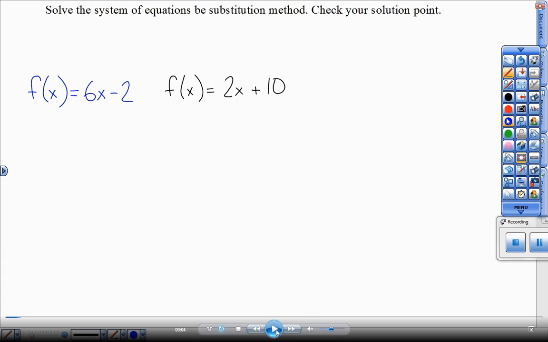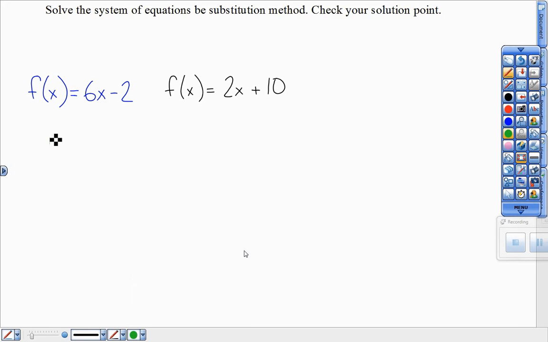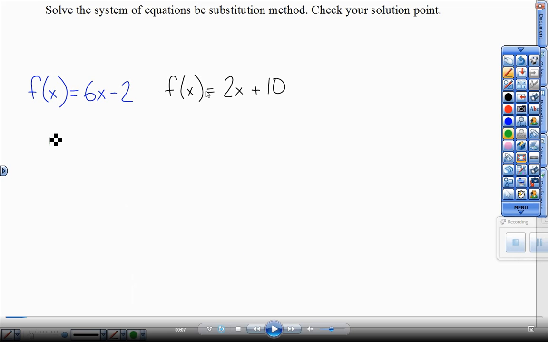We're doing substitution. This is a way to solve for that solution point that works in both without having to graph it and find where the points intersect. So solving it by substitution, pure algebra. What we do is substitute one piece of one equation into the other equation.